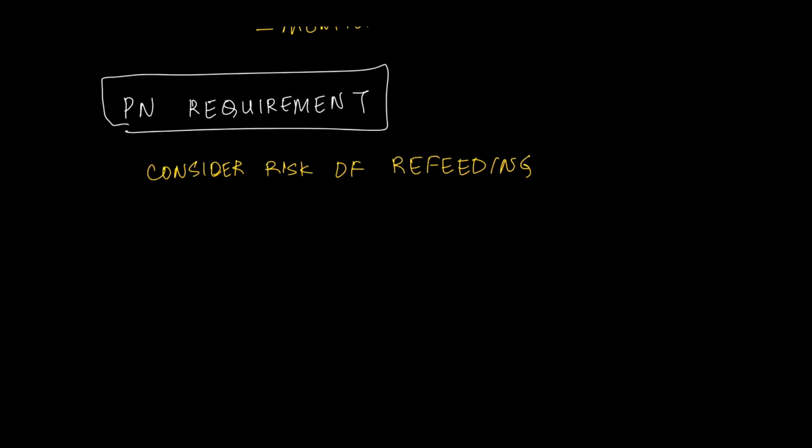So, we have various factors which help us to assess this. We have one high risk patient, and we have a medium risk patient. So, a high risk patient, if any one of the above is present, this automatically makes this patient a high risk for refeeding.